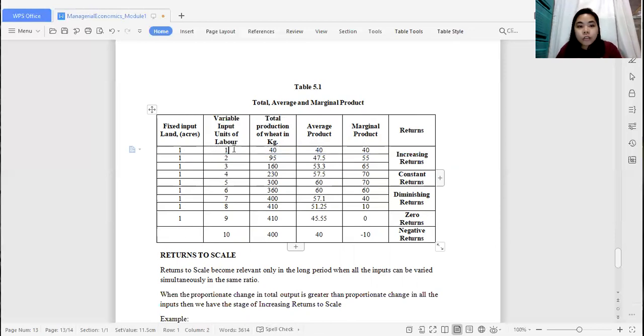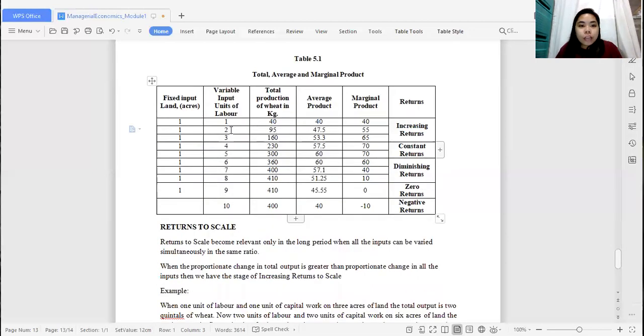So with this 1 unit of labor, he can produce 40 kilograms of wheat. And 2 units of labor, he can produce 95 units of wheat. 3 units of labor 160, 4 units of labor 230, 5 units 300, and so on.